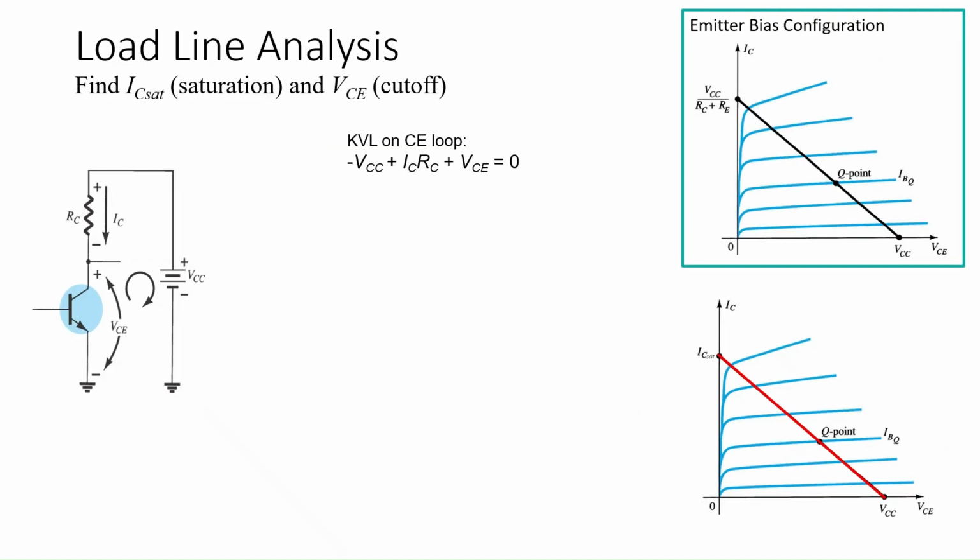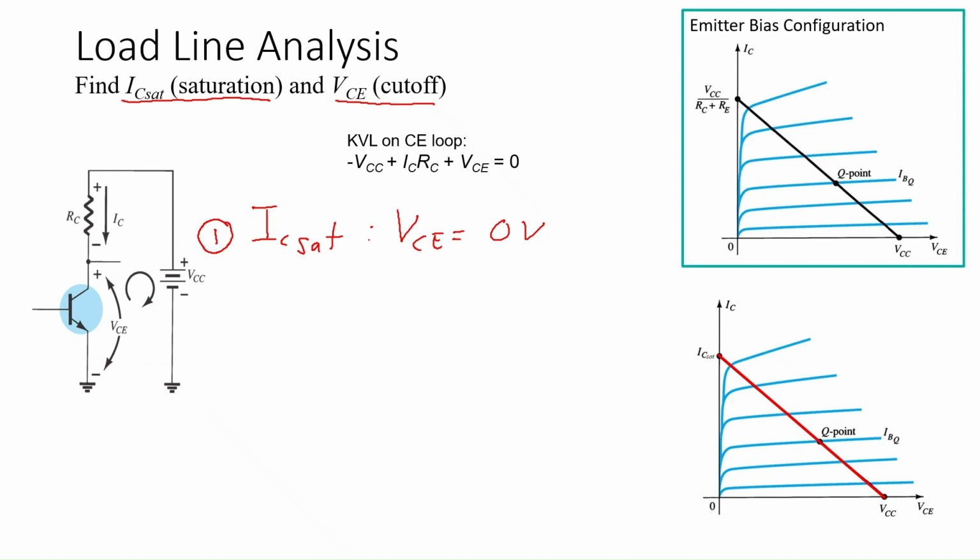To draw the load line analysis, we need two pieces of information: the IC saturation, and the VCE during cutoff. So we have to use the KVL on the CE loop. For the IC saturation, the information we have is VCE equal to 0. This is the first point we have to find.